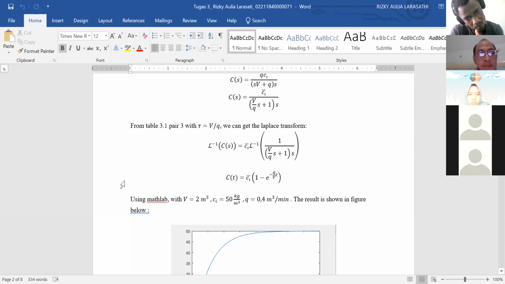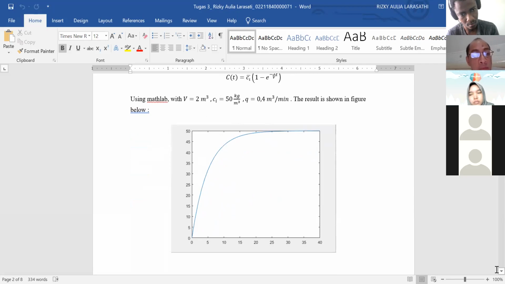So if we use MATLAB with V equal 2 cubic meters, C_e equal 50 kilograms per cubic meter, Q equal 0.4 cubic meters per minute, the result.